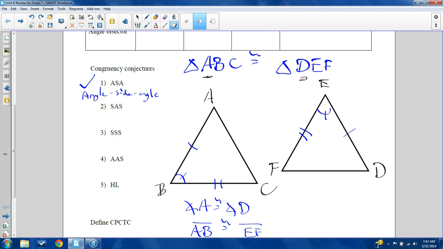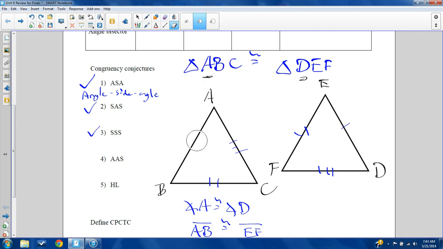Okay. Side is hard to avoid using that because in a triangle there are only three sides. So as long as they match up, side with side, and side with side, you have the side congruency conjecture. Again, I can't manipulate the angles in any other way. So there's side angle side and side.